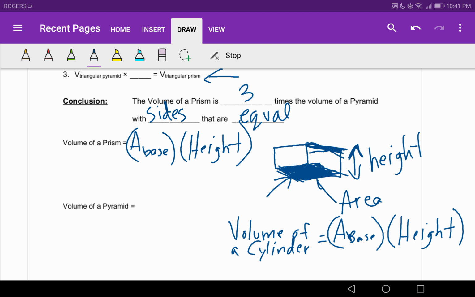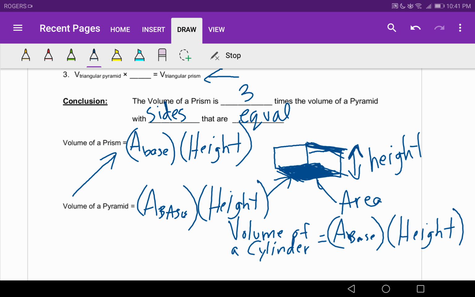Now, for a pyramid, it's going to be the same thing as a prism. It's still going to be area of the base times height, but the difference is the pyramid is 3 times smaller than the prism that has the same dimensions.